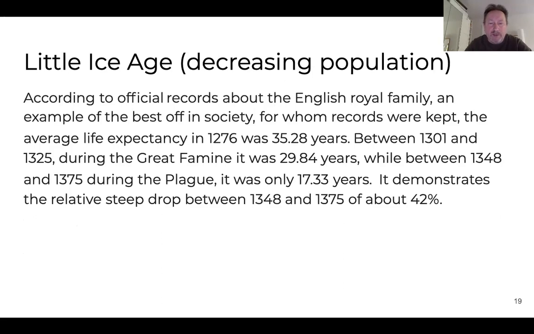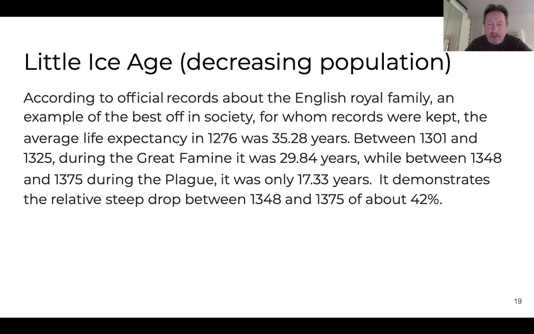According to official records about the English royal family, an example of the best of society for whom records were kept, the average life expectancy in 1276 was 35 years.